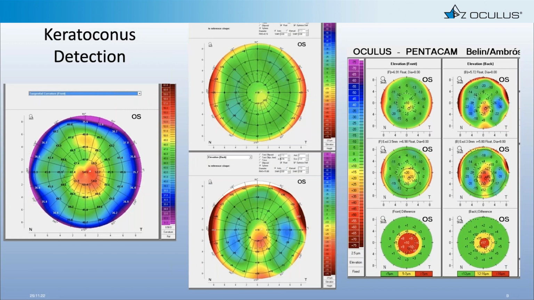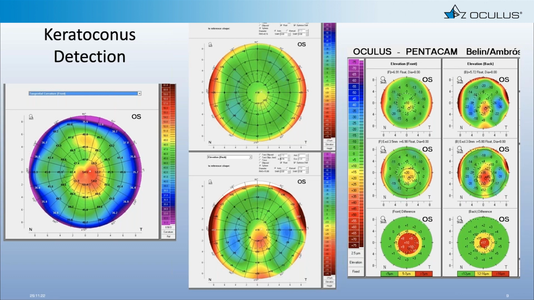Differentiating again between subtle cases, here's obviously a case, if you look at the picture on the far left, this is your corneal topography. It certainly looks like keratoconus. As we look at the middle maps, we see our front and back elevation. Our back is more elevated than the front. That is kind of the telltale sign of a corneal ectasia. We've got thinning and bowing of the cornea. It's always going to bow forward because of intraocular pressure.